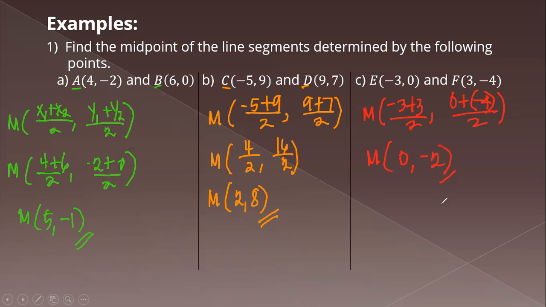So the midpoint between points E and F is 0, comma, negative 2. Okay, so that is for the midpoint.